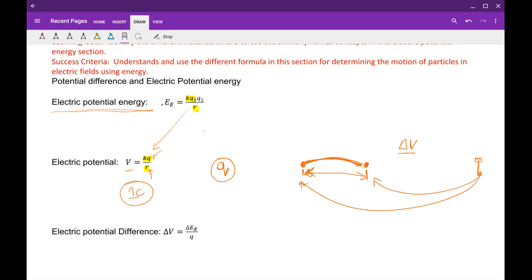And let's say the energy to get to this location is 3, and the energy to get to this location is 2, and therefore the potential difference between those two is 1, right? Or let's say this one's 2.5, so the electric potential difference between those two is 0.5 in this case, okay?